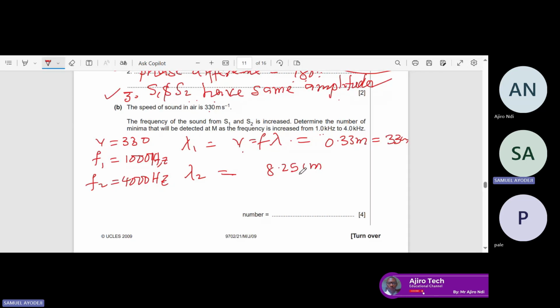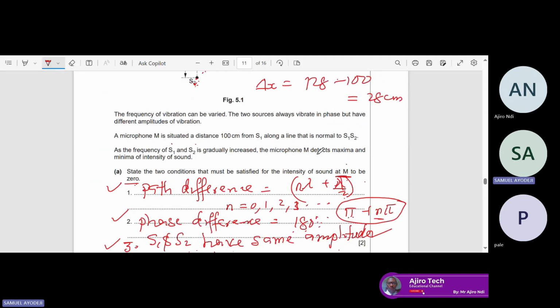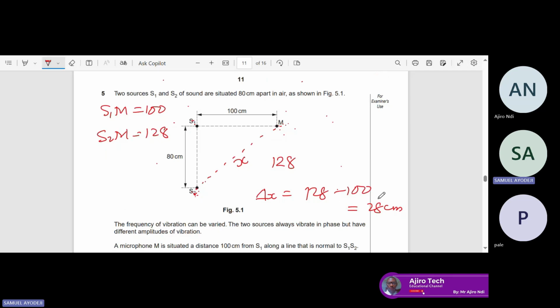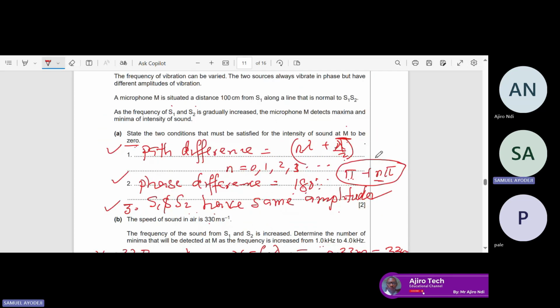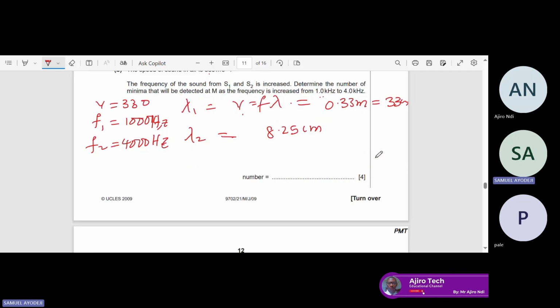Now I want to know the path difference. Let's go and look for path difference. Now, path difference is 28 centimeter. So in terms of wavelength, I want to see what's going to be.